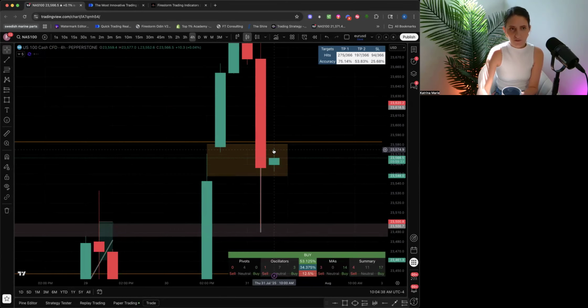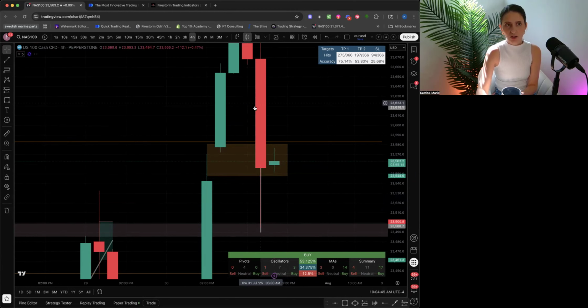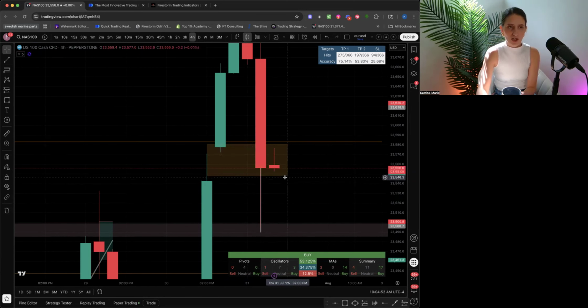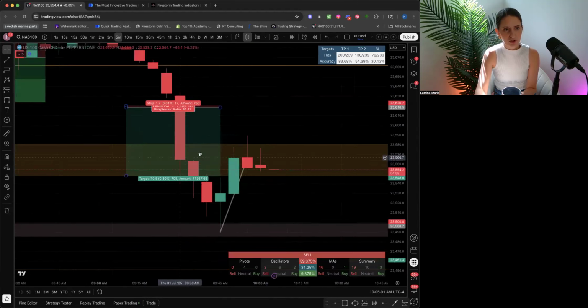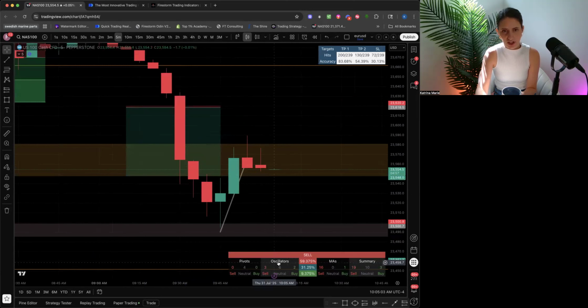It's definitely going to push back down here more to match up with the wick of this one, because that's usually what they do in New York session: the previous 4 hour and the new 4 hour candle tend to match up wick wise, to tap back down into this area.